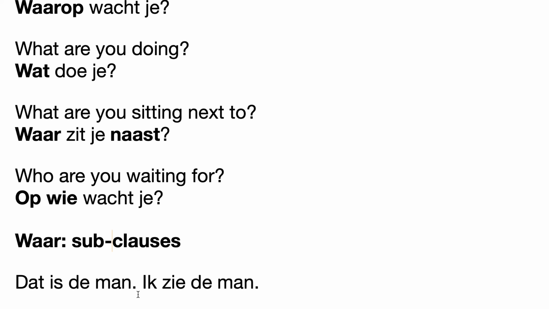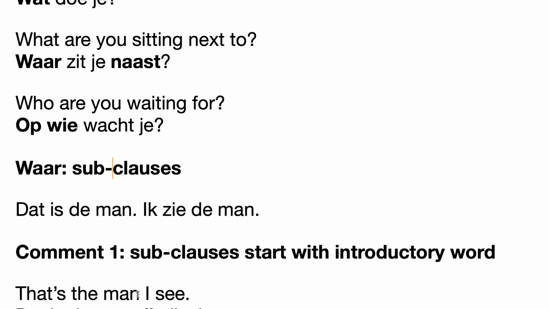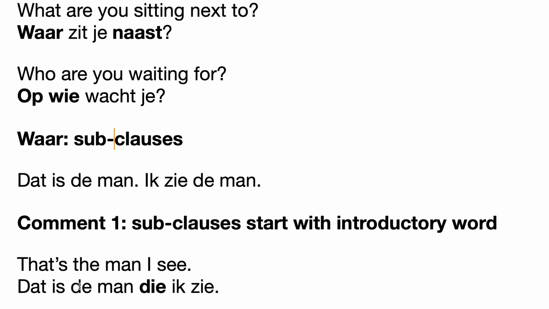Good. So, what does it look like in Dutch? And we're already at the first comment. That's the man I see. Dat is de man die ik zie. Oh, die. Why is this die appearing here? In English, there is no die. What is going on there?